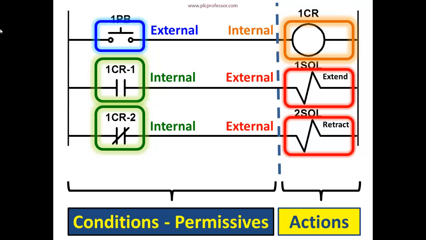So keep this concept in mind when we get a little further and add on instructions. The push button is an input parameter. The solenoids are output parameters by value. And the internals, the contact relay, is a local tag.